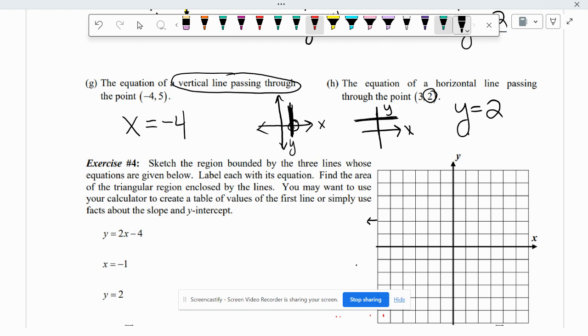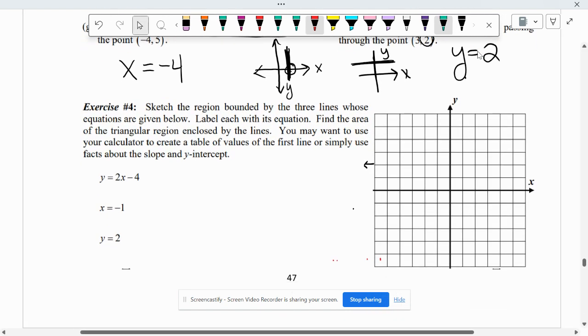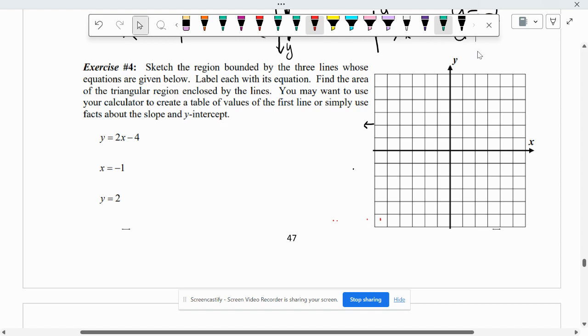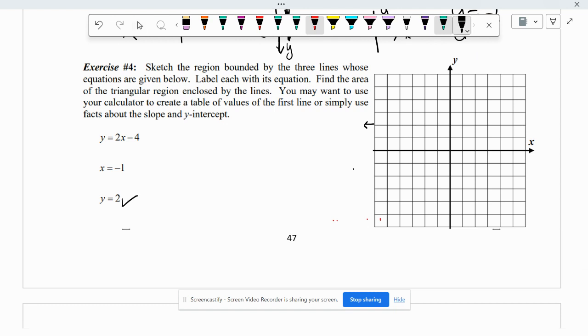Okay. This last one is, we're going to draw these 3 lines, and then we're going to determine the shape and determine the area of the shape. Y equals 2. That's a horizontal line. X equals -1. That's a vertical line. Then the last line that I have is y equals 2x minus 4. My slope is 2, or 2 over 1.